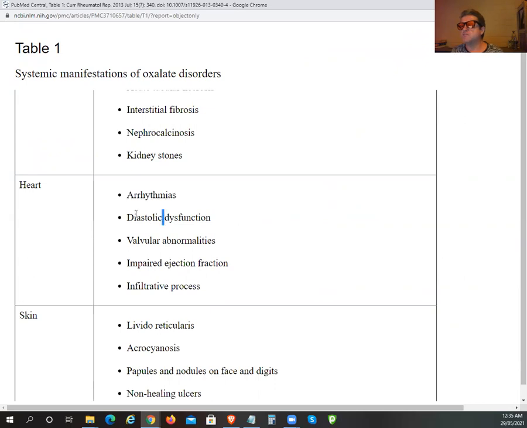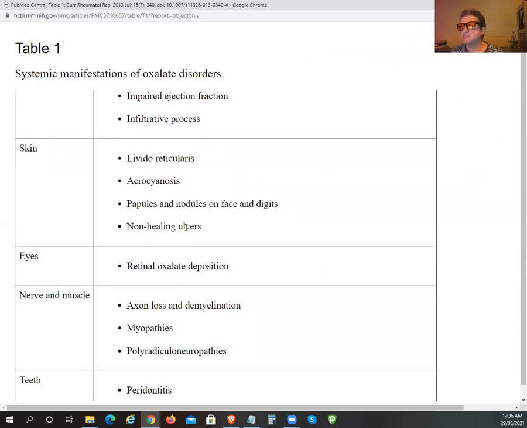Diastolic dysfunction, blood pressure dysfunction. So a number of things related to basically the impaired functioning of the heart. Skin, non-healing ulcers, a number of things like that.